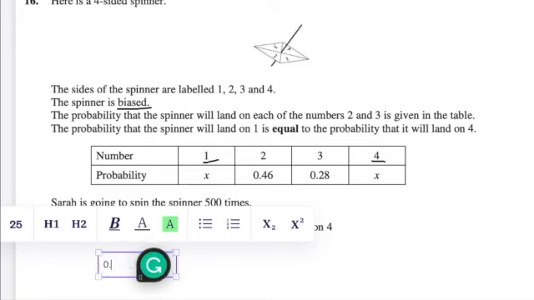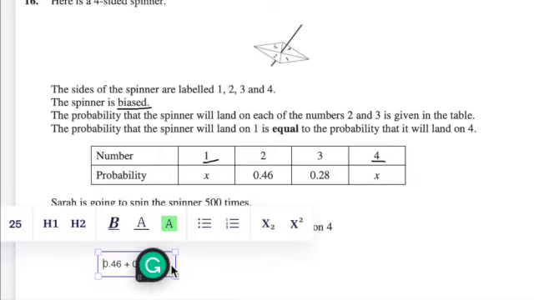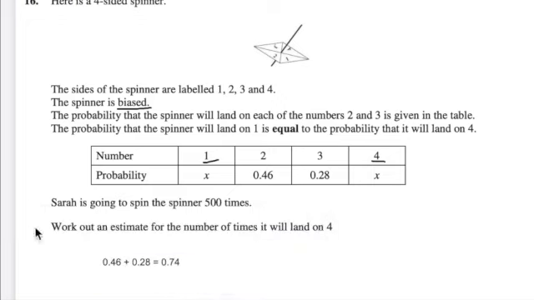So it's going to spin 500 times. Work out an estimate for the number of times it will land on 4. So you add 2 and 3 together, so you add 0.46 plus 0.28, which is 0.74. And you know 2x, because you've got two numbers left over.